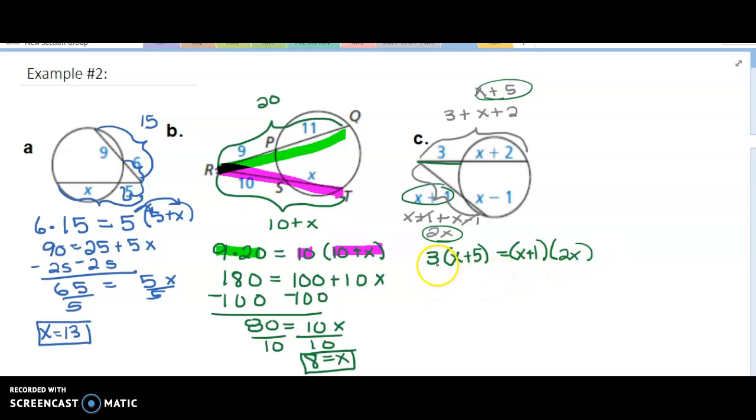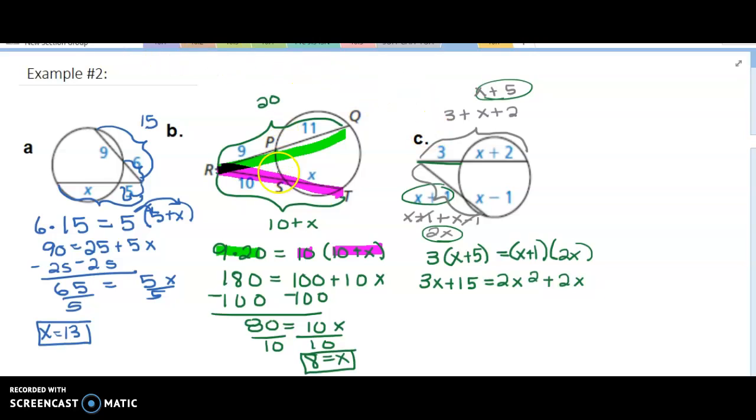Okay, let's clean this up a little bit. So let's distribute through and then FOIL this over here. So 3x plus 15 equals 2x squared plus 2x. Okay, here the x squareds don't cancel out. We're left with an x squared, or a 2x squared, I guess. Okay, so now we have to use what we went over about solving quadratics.